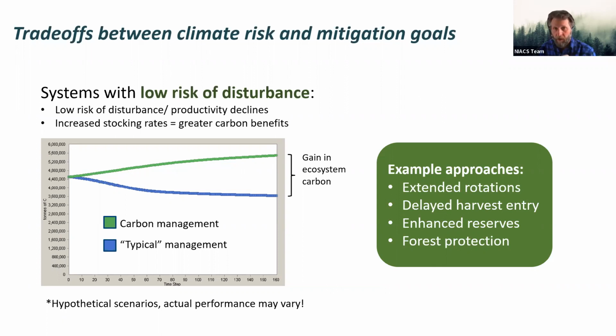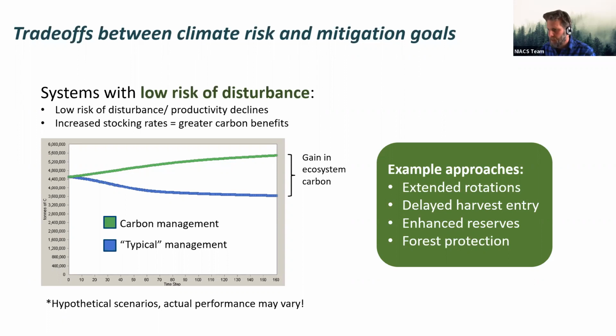So I think a lot of us have probably heard about things like extended rotations, or if you're in an uneven age system, delayed harvest entries, these sorts of things that can help you gain carbon in your ecosystem. And these are things that people are using for carbon projects, right? And so I'm just generically showing what that looks like.